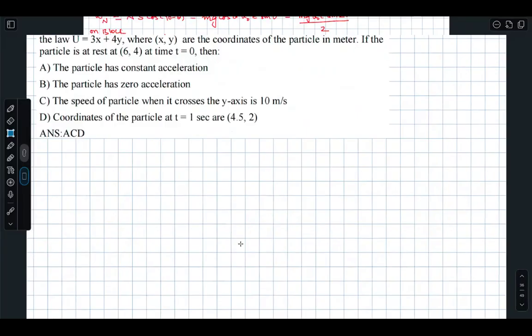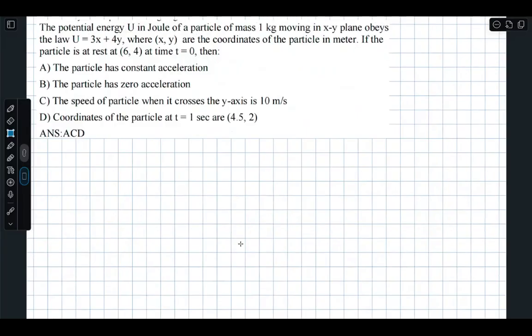The potential energy U in joule of a particle of mass 1 kg moving in XY plane obeys the law U is equal to 4 pi. That's the situation.